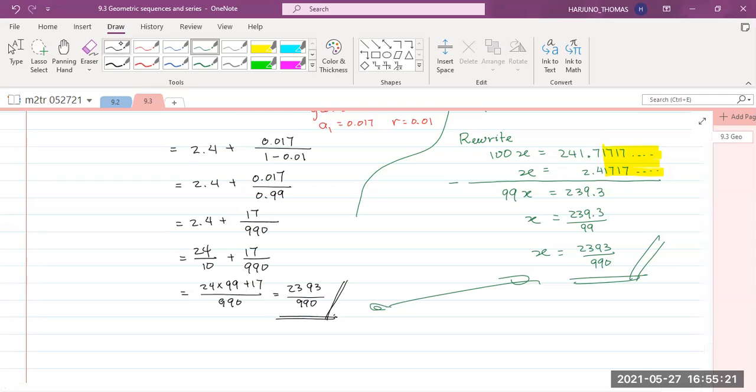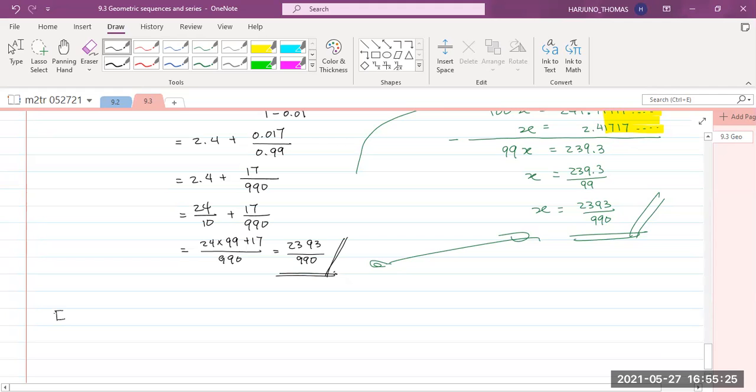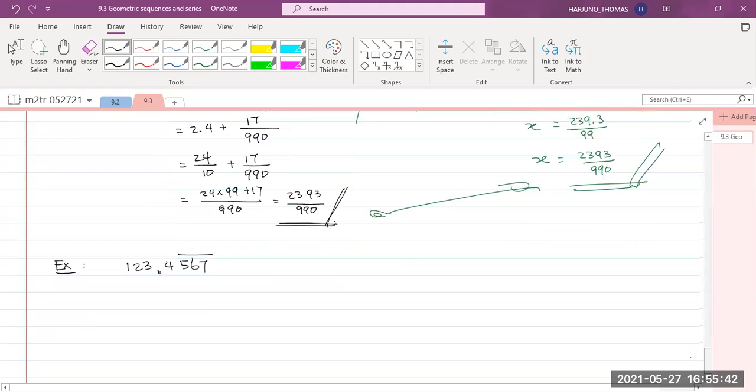Suppose somebody gives you this question, suppose I give you this question. Let's say I have 123.4567 bar, that is 123.4567567 and on. What is this in fraction? So what I will do is I will call that x first.